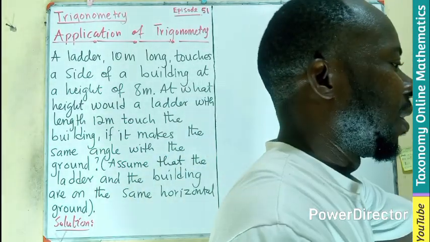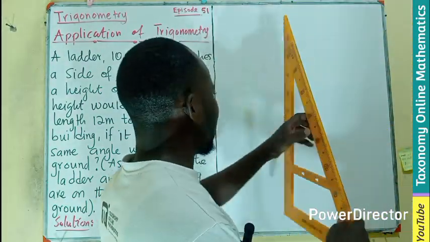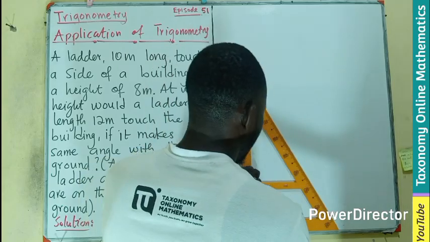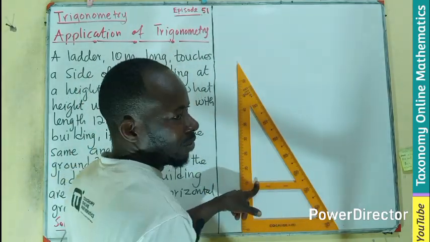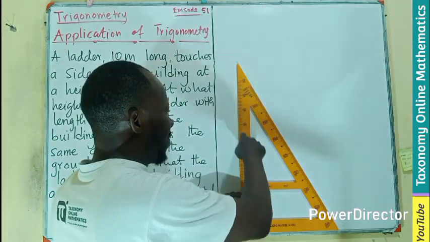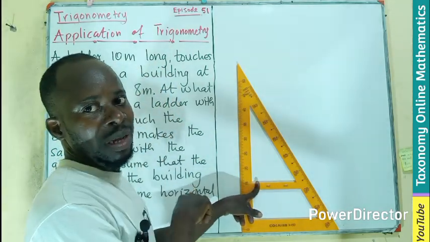So let's see, let's make some analysis. I am picking this side being the ground, the horizontal ground, then the vertical one being the building. This is the building.